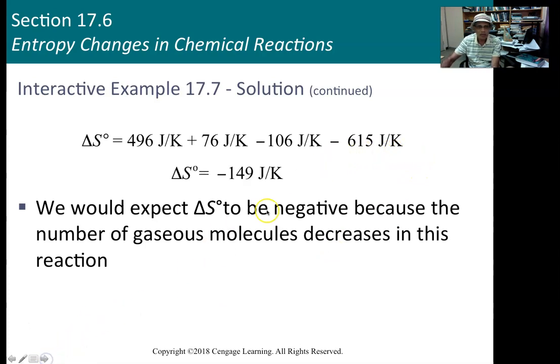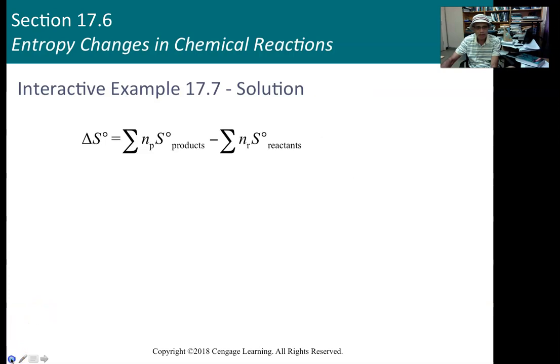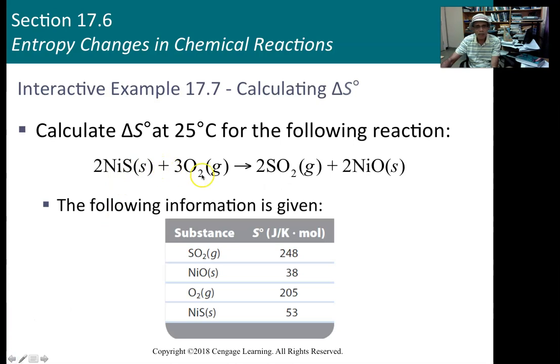Let's get the value: minus 149 joules per Kelvin. You would expect delta S to be negative because the number of gaseous molecules decreased with this reaction. Let's just go back to the reaction to verify this. See here, 3 oxygen molecules, 2 sulfur dioxide molecules. So here, 2 and 2 are solids, you don't care about that.